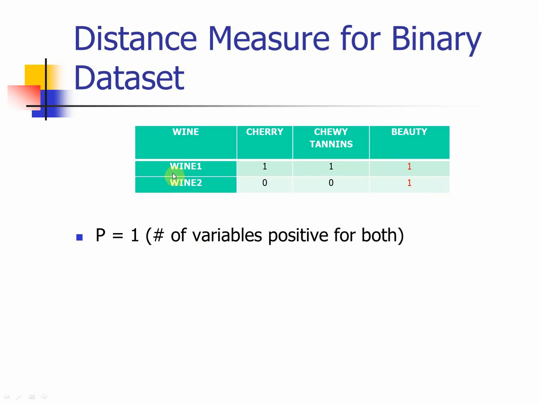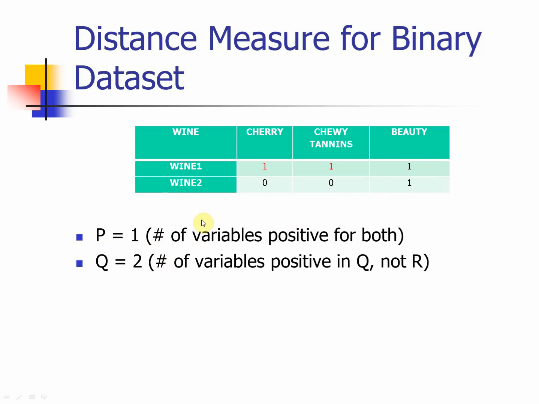So when we calculate the distance between y1 and y2, P equals 1 because there's one attribute that is positive for both y. Q indicates that when we compare y1 with y2, how many of those attributes are positive in y1 and negative on y2.